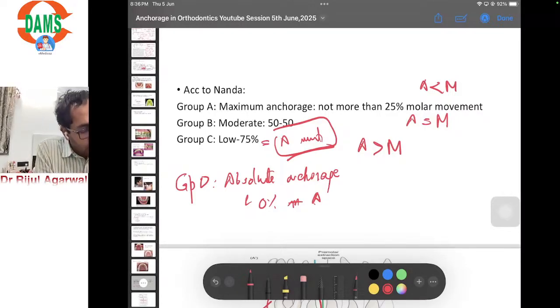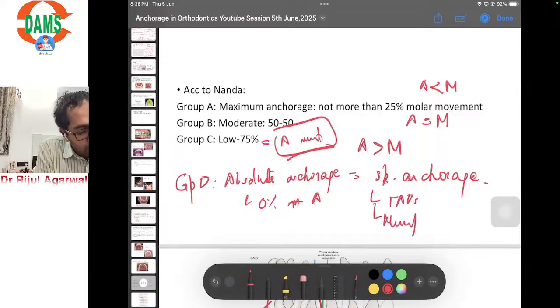Absolute anchorage is gained through the help of skeletal anchorage devices, like TADs or mini implants and mini plates. These are inserted into the cortical plate, so they can be examples of cortical anchorage as well.